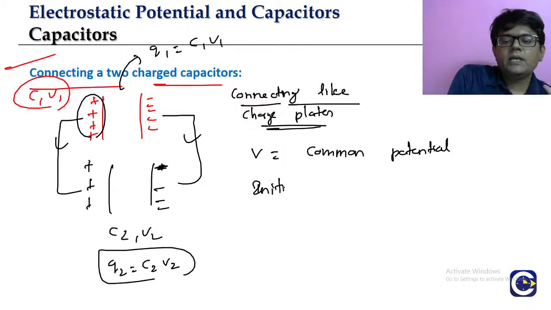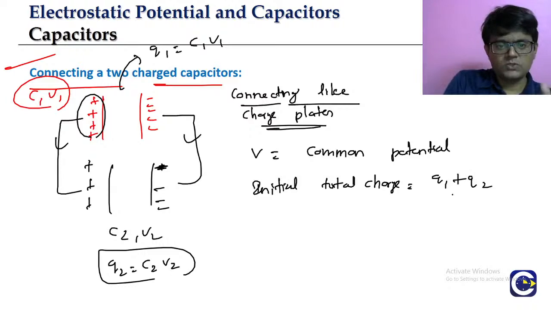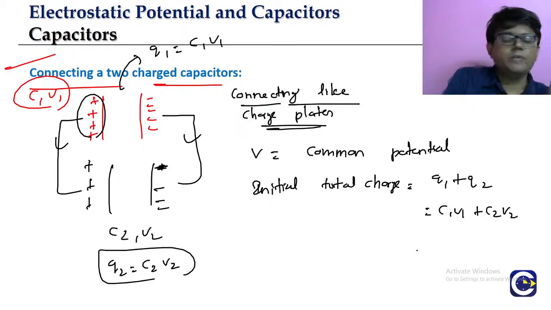Look here, initial total charge: plus and plus are connected, like charge connected, minus and minus connected. So the initial total charge will be q1 plus q2, which is equal to C1 V1 plus C2 V2.